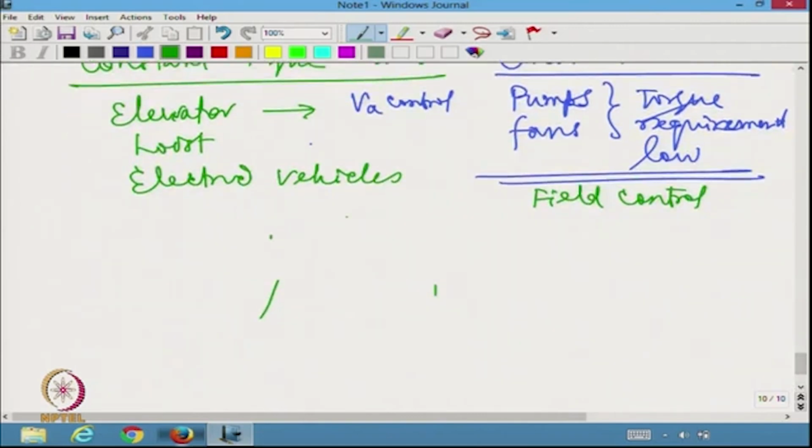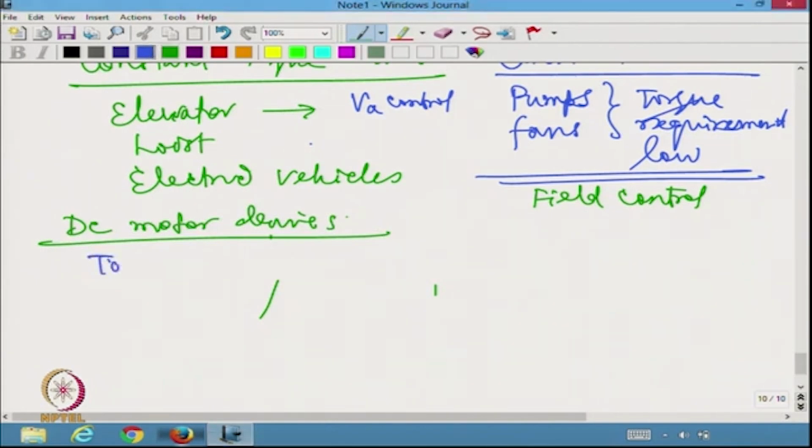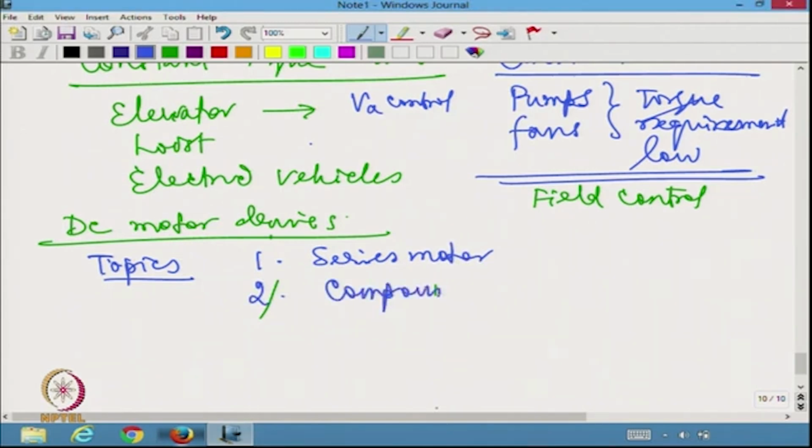We have a few more topics to be discussed in the DC motor drive. So, let us see what all the topics are pending. We have still not looked at series motor. I will start on that today. The second one that we need to look at is compound motor, how the characteristics are.